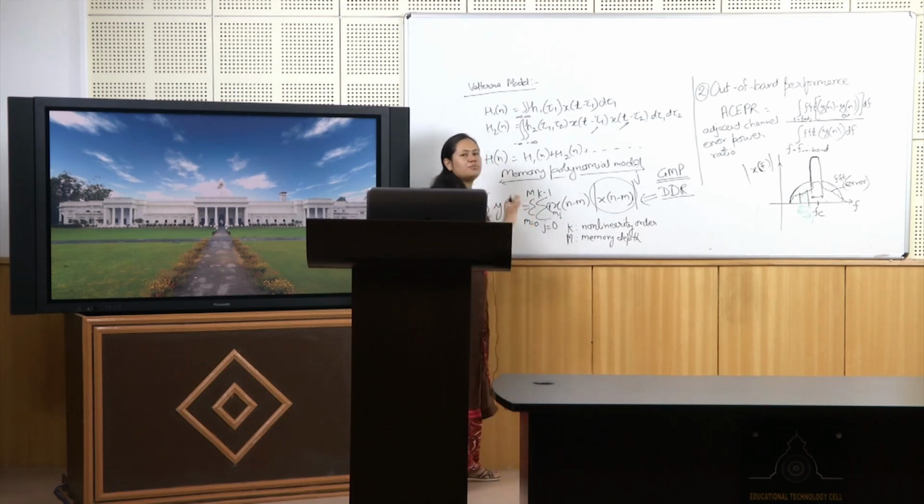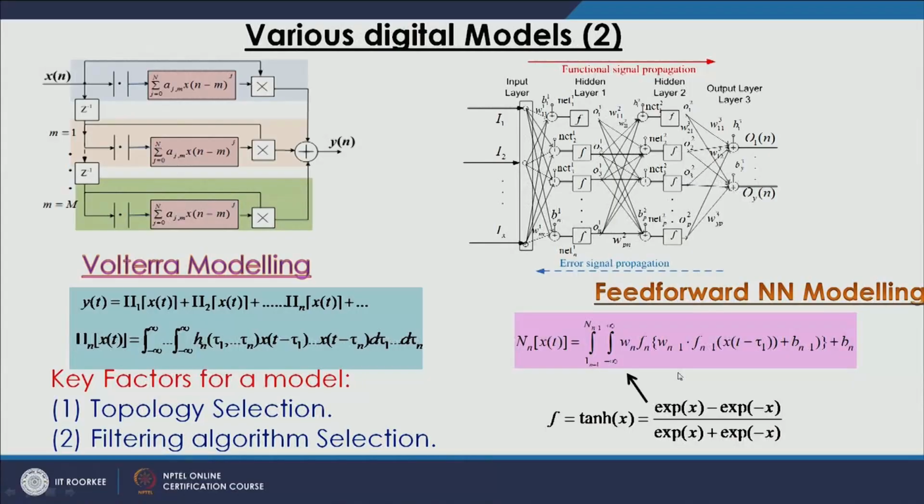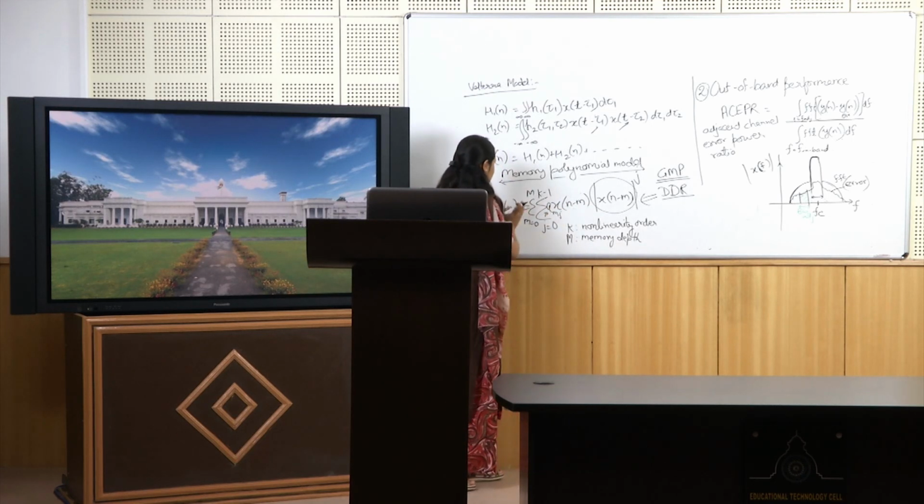So these are polynomial based models. Then recently neural network models are also very popular. These are feed forward type of structures. As you can see here, they have nonlinear functions, and they are connected with many connections. Each connection has some weight. Those weights are equivalent to the coefficients we are using here. So here we can tune these coefficients to fit our estimated output with the actual output.